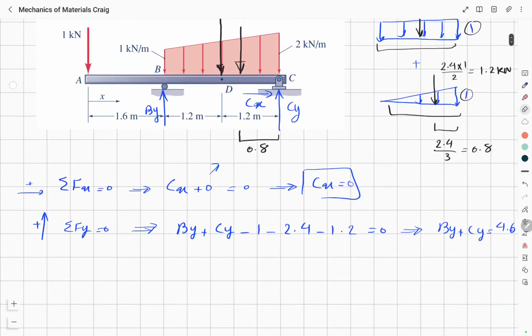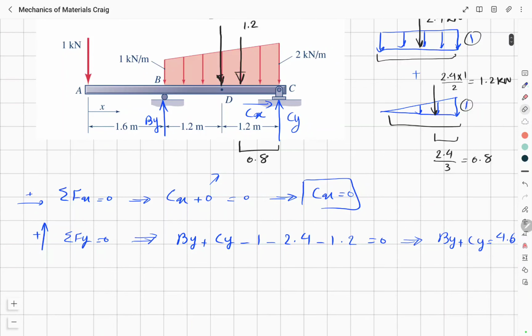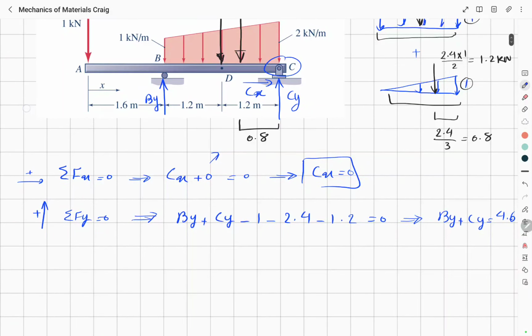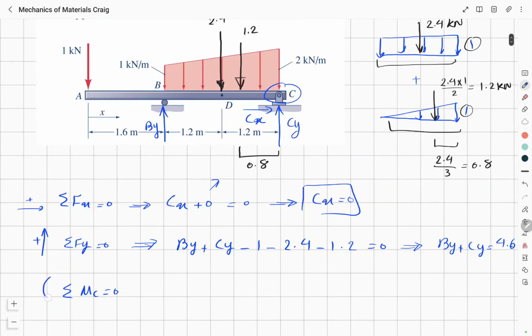And now if we take the moments around point C, we can write sigma Mc is equal to 0 in this direction.